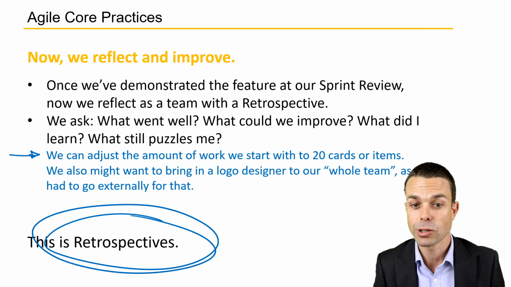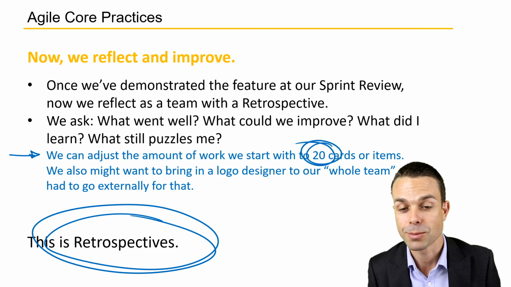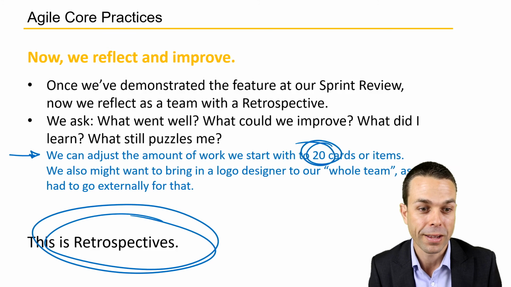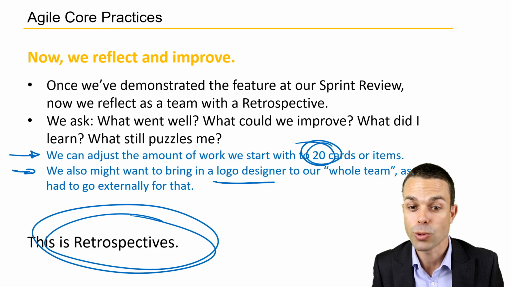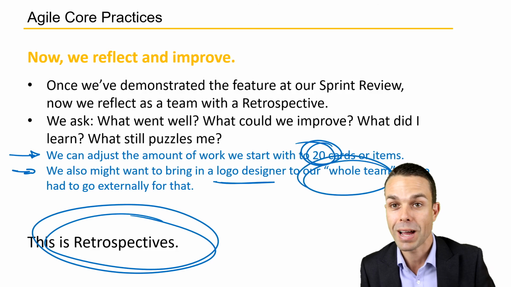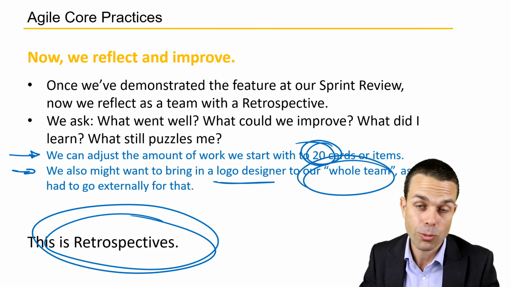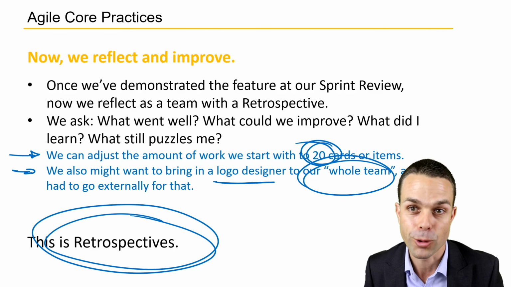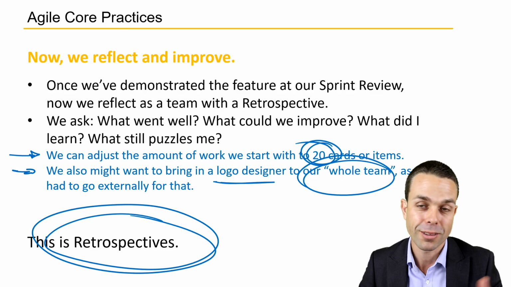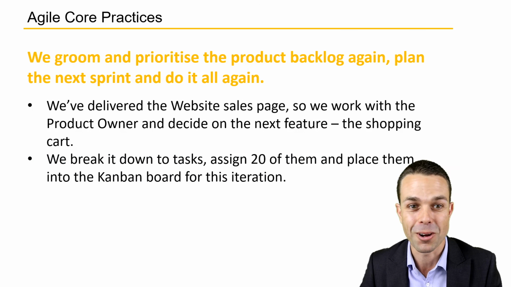Well, we learned that our velocity is probably closer to 20 cards. So we can adjust our velocity. And we also might want to bring along a logo designer into our whole team because we had to go externally for that. So is that something that we need to talk about and improve within our way of work for the future? These are potentially the things that might come up in our scenario.